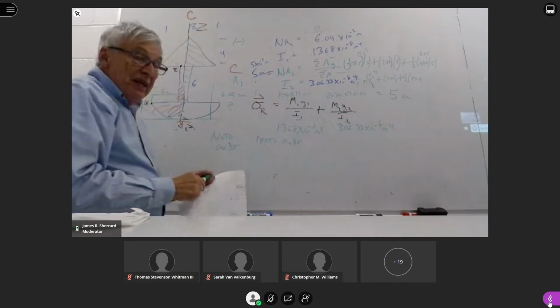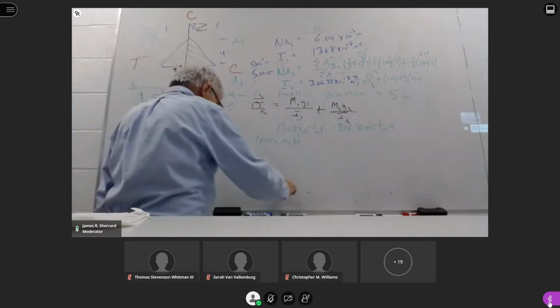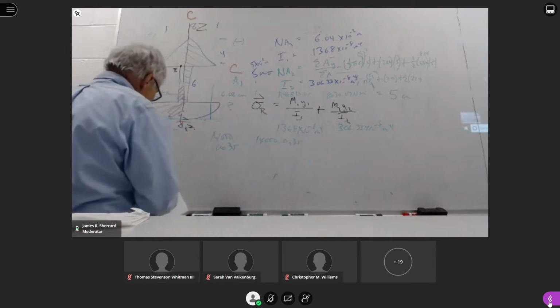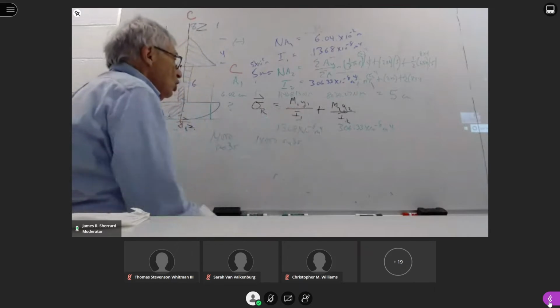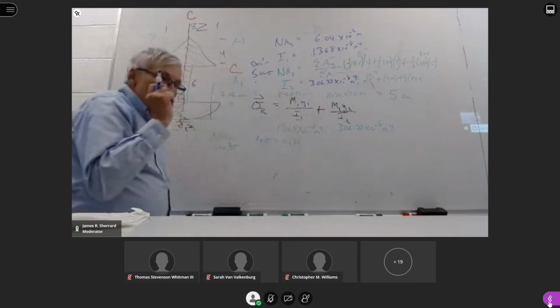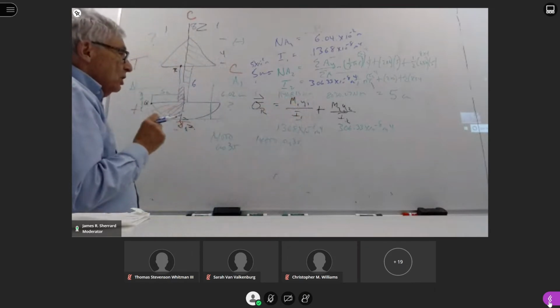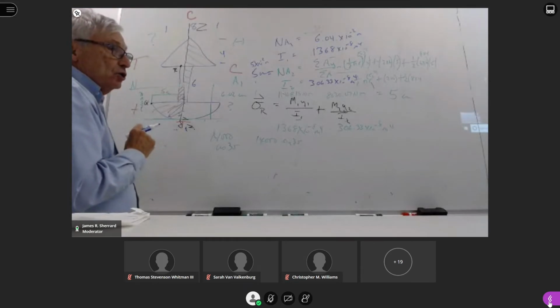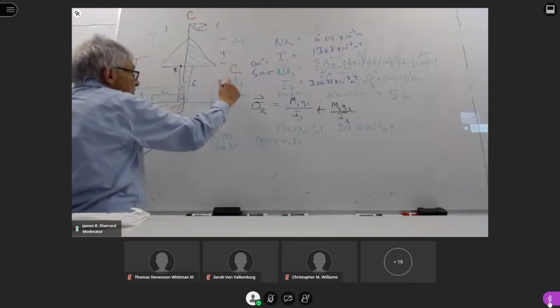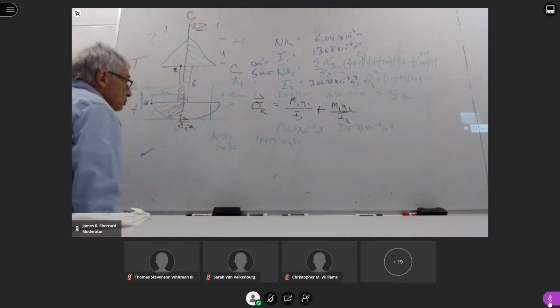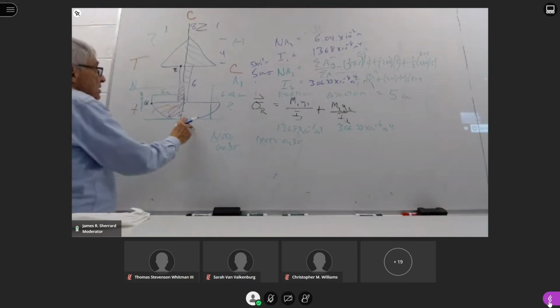Now we're going to find out the values for y. Y is the straight line distance from the neutral axis to the point of interest. This is my neutral axis. This is the centroid, 6.02. This is the baseline.